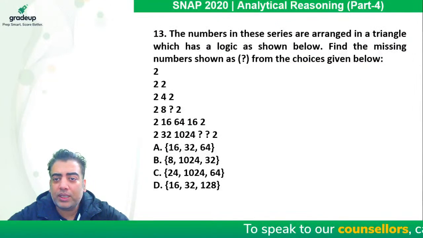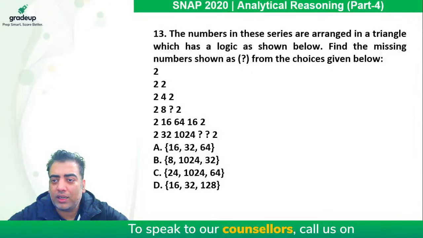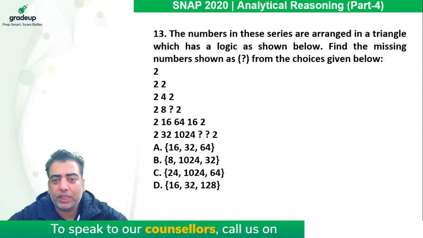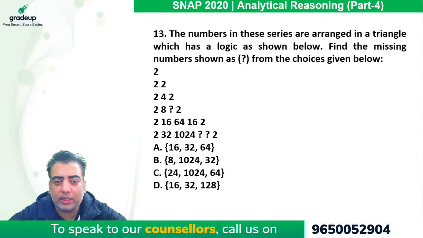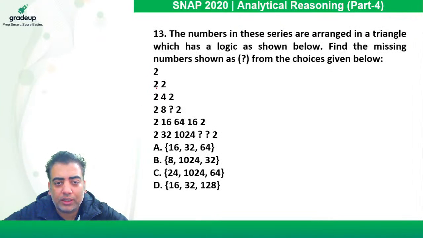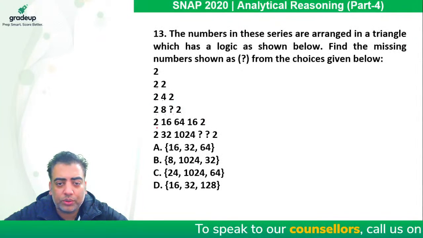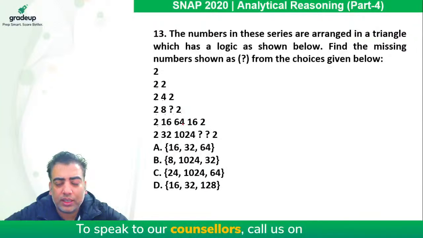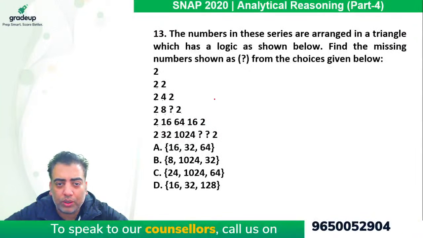The numbers in this series are arranged in a triangle which has a logic as shown below. Find the missing numbers as question mark from the choices given below. So here the first number is 2, then 2 2, then 2 4 2, 2 8 dash 2, 2 16 64 16 2, and so on.